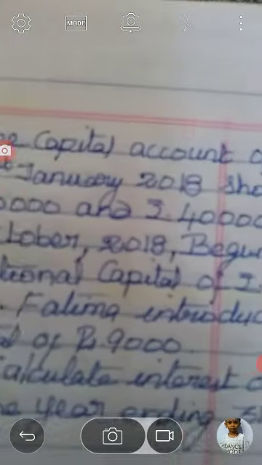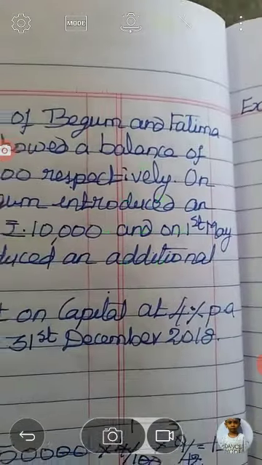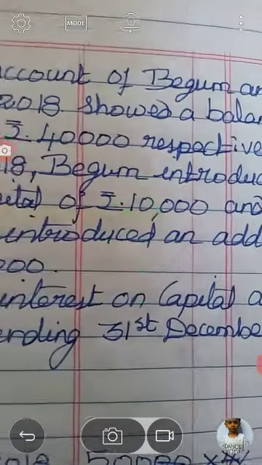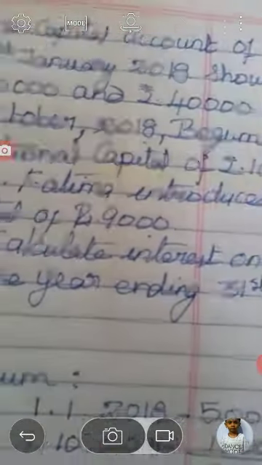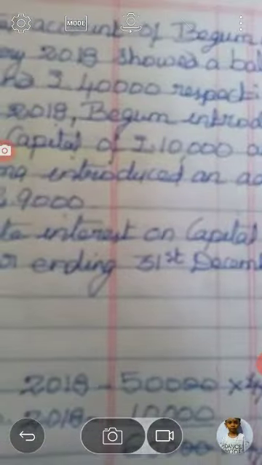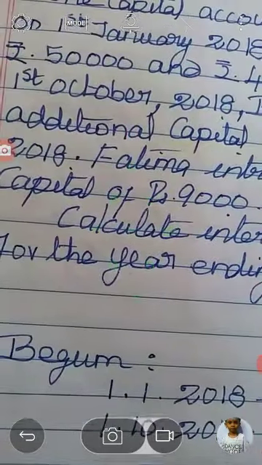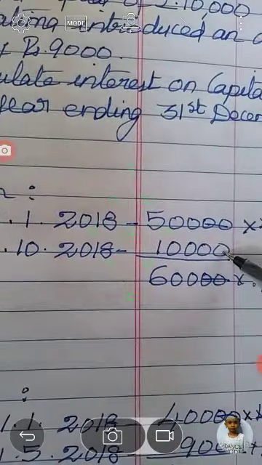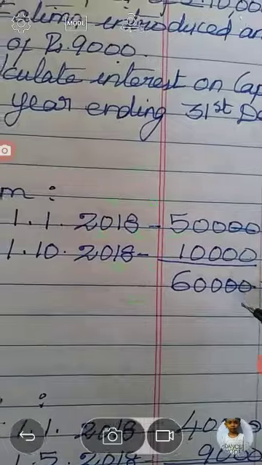On 1st October 2018 Begum introduced an additional capital of rupees 10,000. So on 1/10/2018 she introduced additional capital, so you have to add, making 60,000.